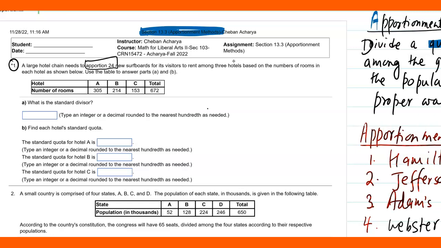Therefore, 24 here is the number of allocated items, right? Because you want to apportion 24. Therefore, 24 is the number of allocated items.